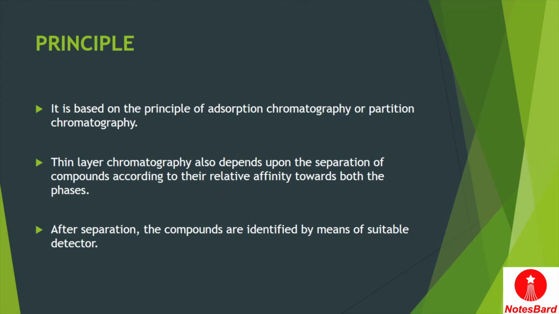Before moving to the procedure of thin layer chromatography, let's understand the principle on which this method works. Thin layer chromatography is based on the principle of adsorption chromatography and another type, partition chromatography. When a thin layer of adsorbent material, which can be silica gel, aluminium oxide or cellulose, is coated as a thin layer, this layer of adsorbent is considered the stationary phase.